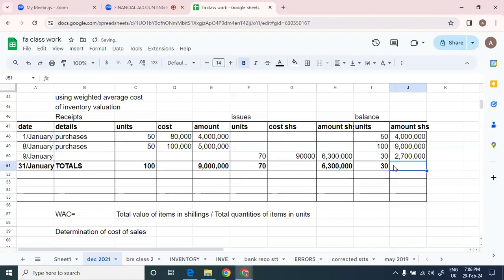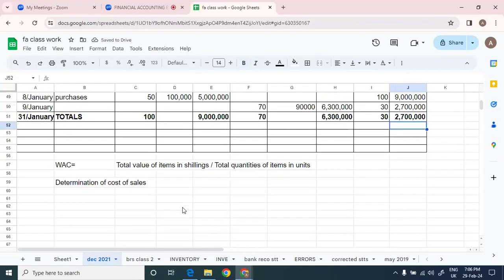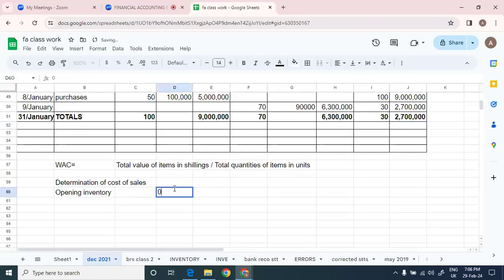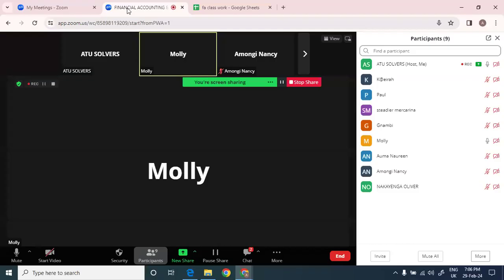Cost of sales is opening inventory. I don't have it, it says 0. I add my purchases. How much purchases? 9 million.